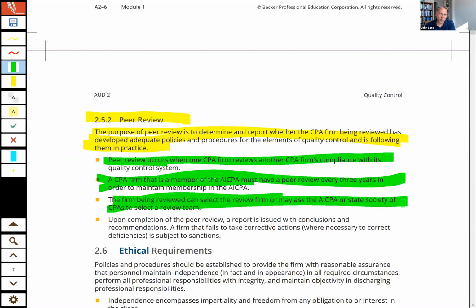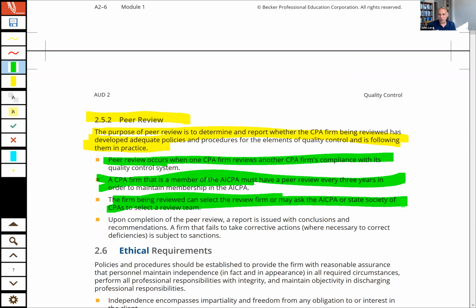And guess who has the accepted peer review program in the state of California? The AICPA. So the AICPA ends up being the entity that says, yes, this CPA firm is acceptable for peer review, okay, in the state of California and probably the other states.